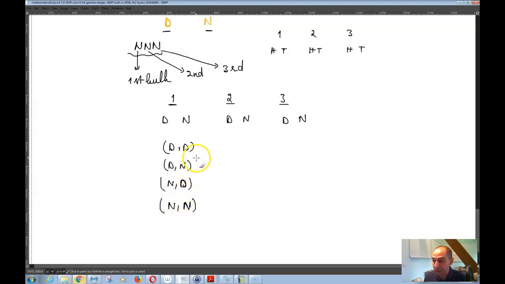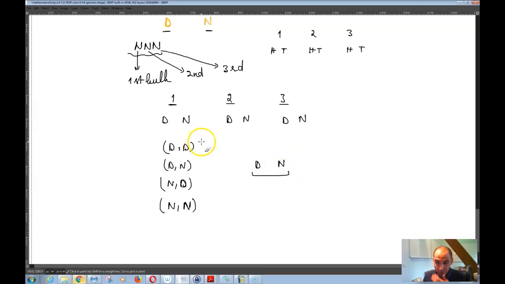And I can write N and N. And then basically what I have left here is another D and N, which is related to the third lamp, or the third ball.